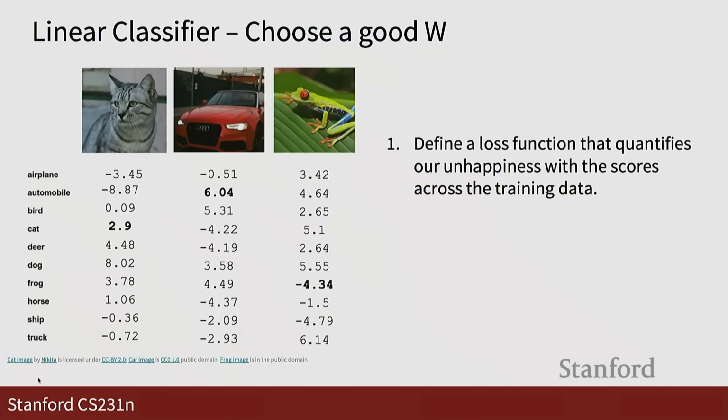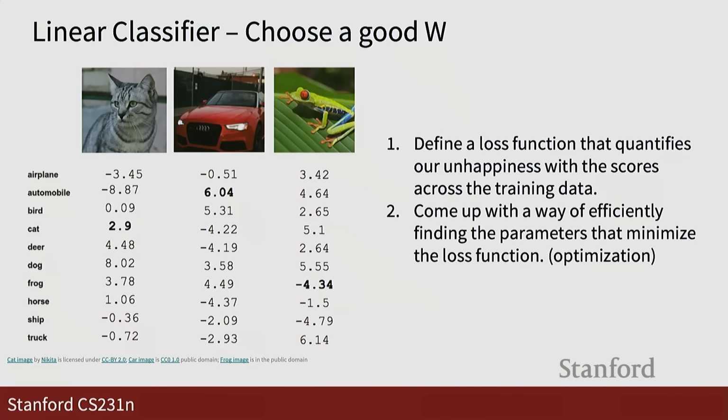In order to do that, we need to define a loss function, sometimes referred to as an objective function, that quantifies how bad the classifier, how bad the model is working. So, the level of unhappiness with respect to the score on the training data.